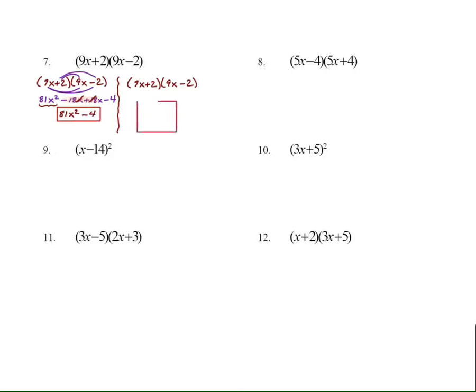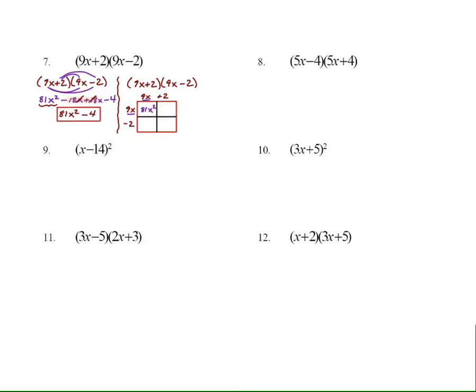Another way you could do it is to draw a box. If I have a binomial times a binomial, I should have a 2 by 2 box. Write each binomial on the edges of the box, one across the top, one across the side, and then multiply the 2 parts that make up the edges of the box to fill it in. 9x times 9x is 81x squared, that goes in the first box.